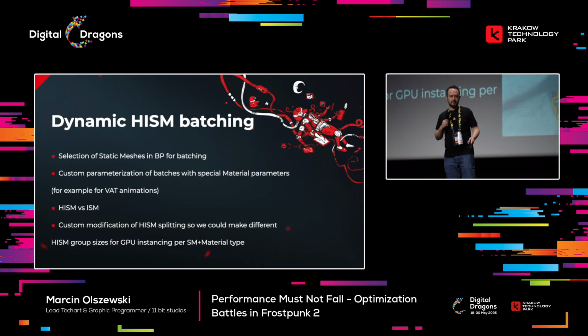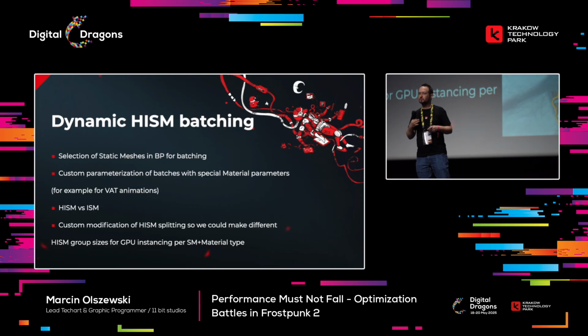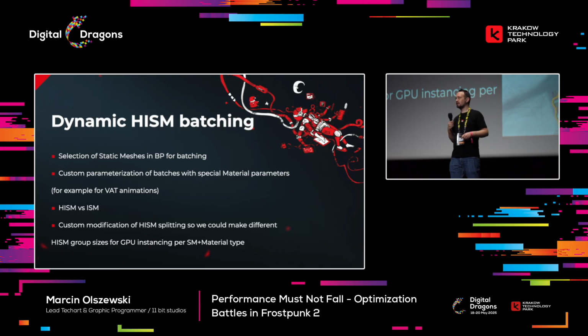First thing is that we have a custom tool to select the objects that should be batched, because typical Unreal batching breaks the flow in many cases, and it's generally hard to batch into HISM in the ways that we want.